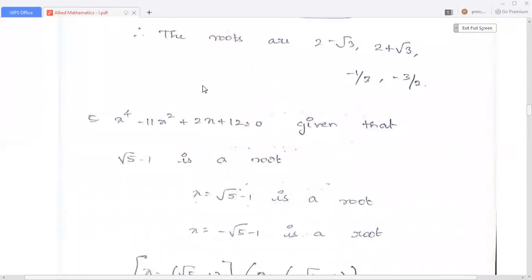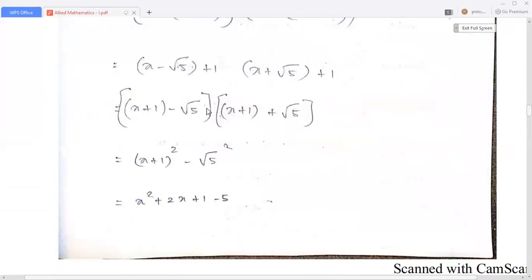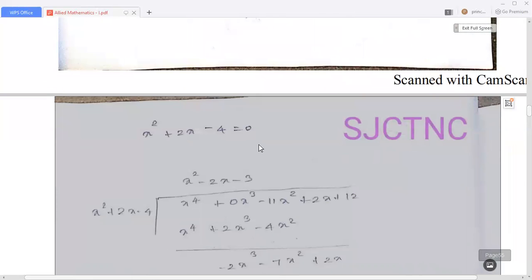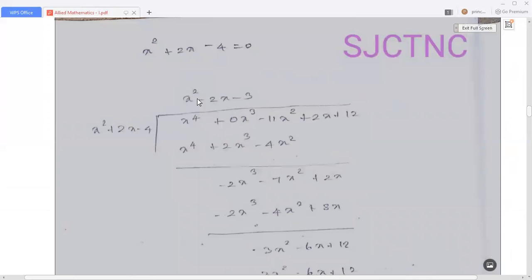When you divide this equation by this quadratic equation, we get the quotient x square minus 2x minus 3. This will be a quadratic equation, that is x square minus 2x minus 3 equal to 0. When we solve this equation, we get another two roots.